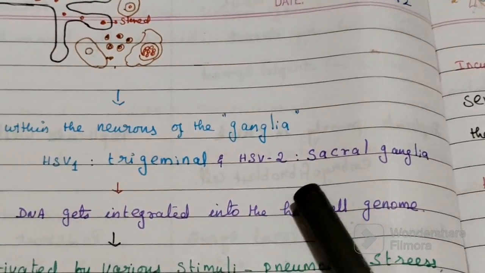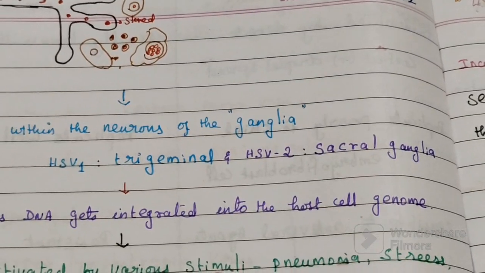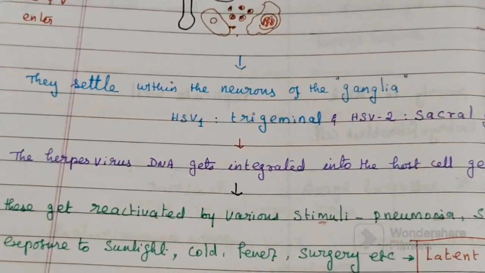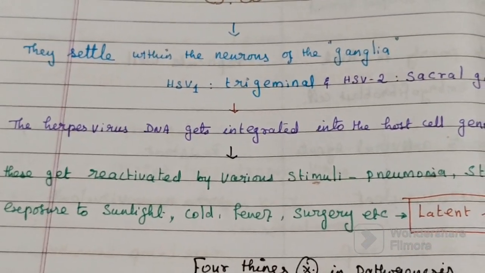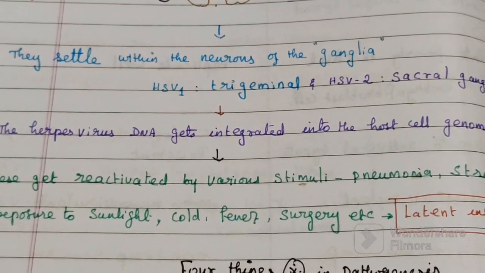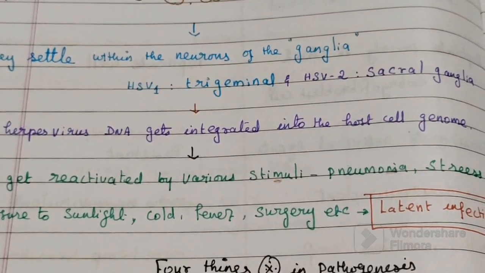HSV2 means sacral ganglion for many years. After many years, it will be reactivated, meaning it will form the same lesion here. That is latent infection.